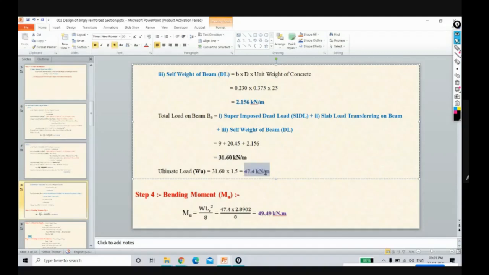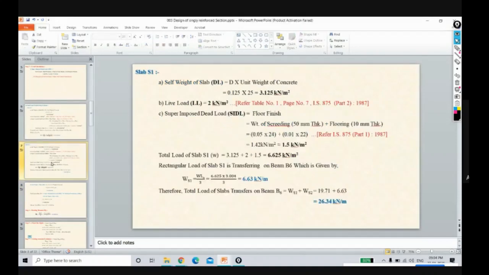I think that we have to modify it. This one is 26.34.